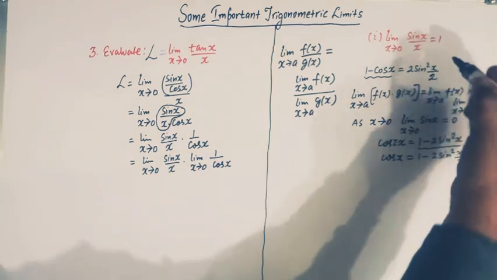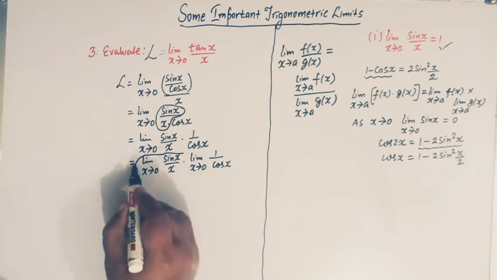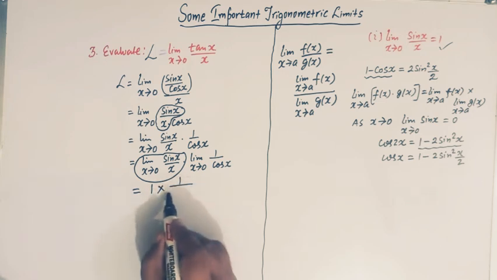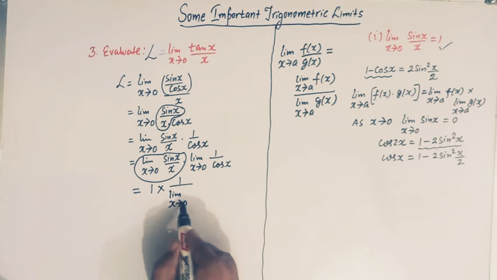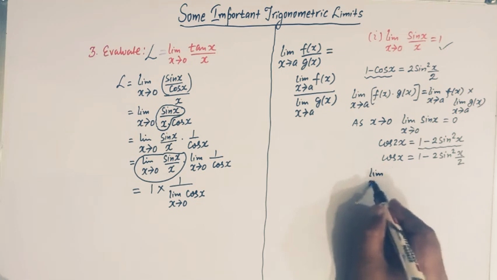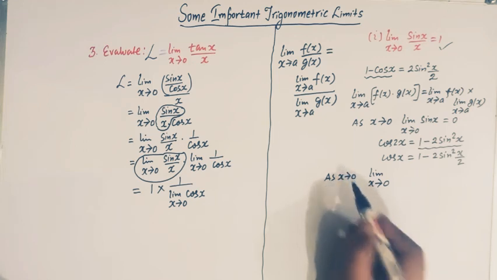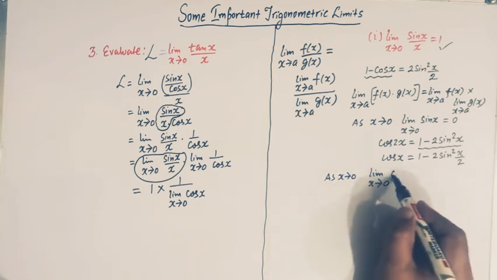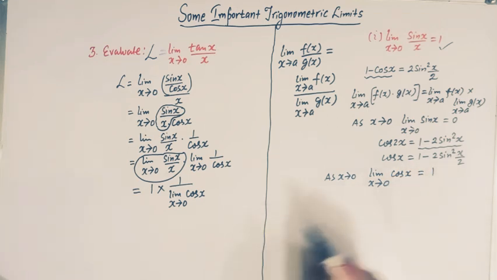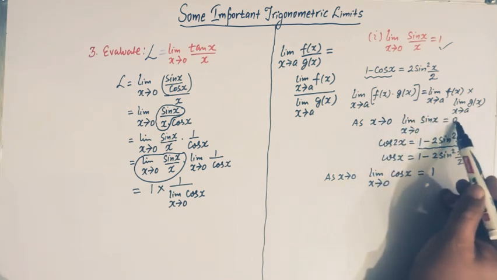Now see, by making use of this result, this limit is equal to 1. So here we have 1 multiplied by 1 over limit x tends to 0 cos x. Now viewers, when x approaches 0, then the limit of cos x is always equal to 1, and when x tends to 0, limit x tends to 0 sin x is 0.